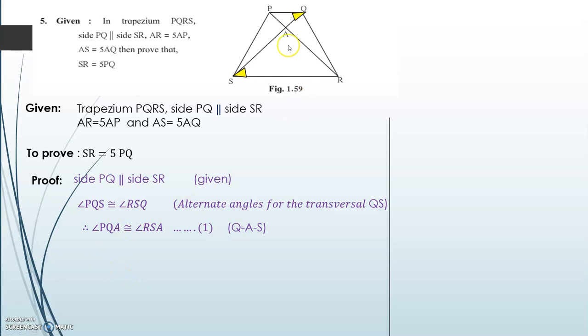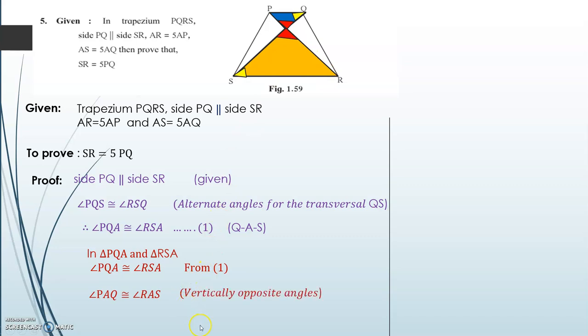Now we will consider the two triangles, that is PAQ and triangle RAS. In triangle PQA and triangle RSA, angle PQA is congruent to angle RSA, given. Now we also can see there are vertically opposite angles, that is angle PAQ congruent to angle RAS.